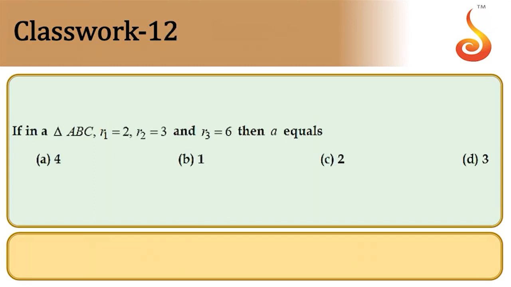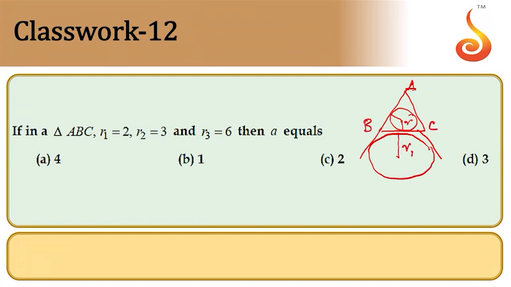Example 12. In triangle ABC, r1 is given, r2 is given, r3 is given. What is r1, r2, r3? If I draw a triangle, this inside is called inradius, small r. If we draw a circle outside, opposite to A, we call this r1.